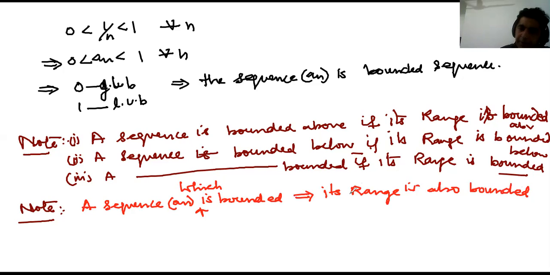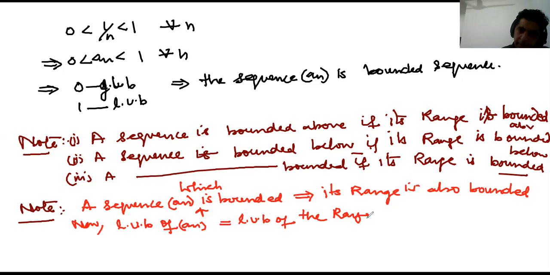Range is bounded. Now the least upper bound of an is equal to the least upper bound of the range set of the sequence.